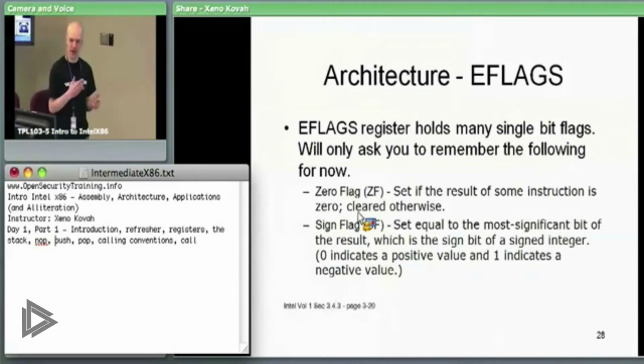So by having a central place where if the result is 0, you set the 0 flag in this register, having that central place, then you can just compare against a single flag. You can say, is 0 flag set? If so, I'm going to do one thing. If not, I'm going to do another thing.